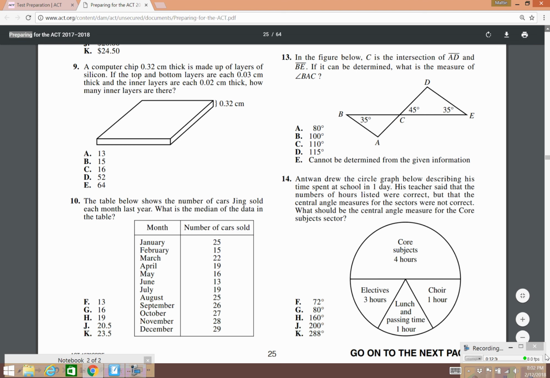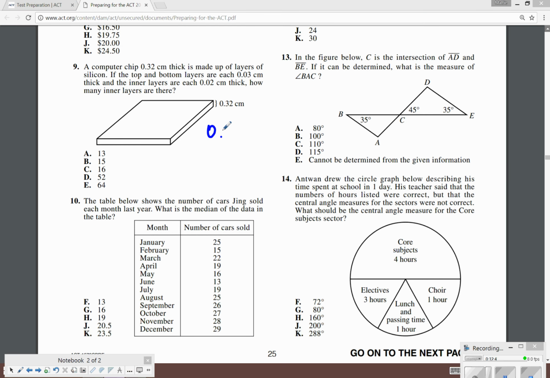So the total thickness is 0.32 centimeters. I can go ahead and take off 0.03 for the top and 0.03 for the bottom so that I know how much I'm dealing with for the inner layers. So I'm just doing 0.32 minus 0.03 minus 0.03, and I find out that there's 0.26 left.